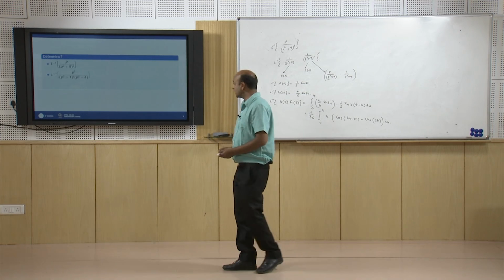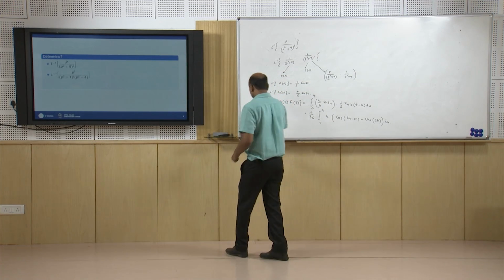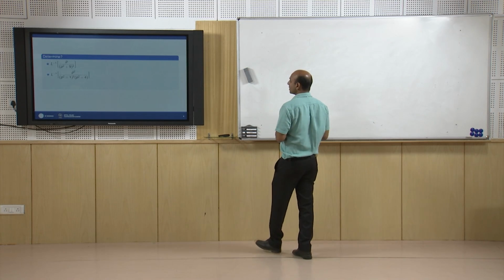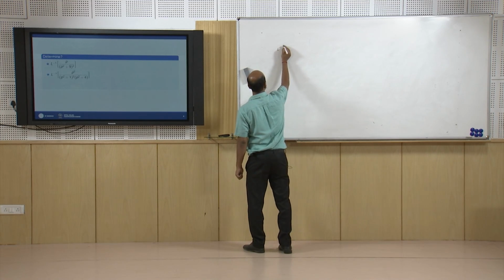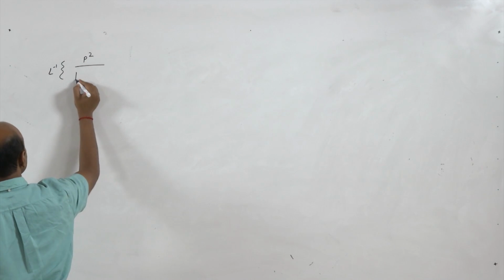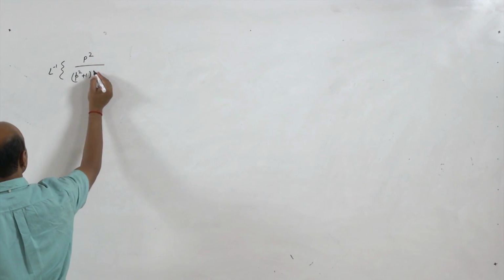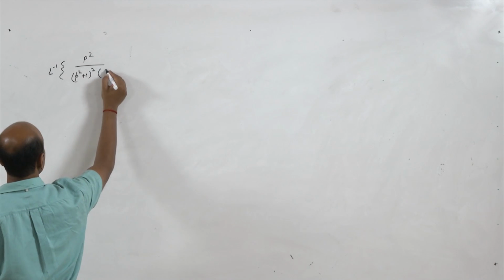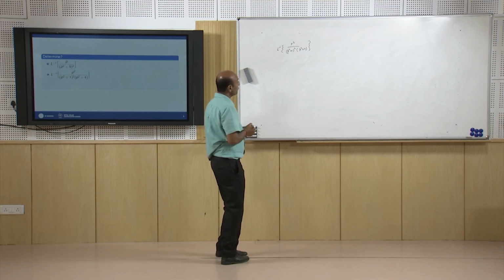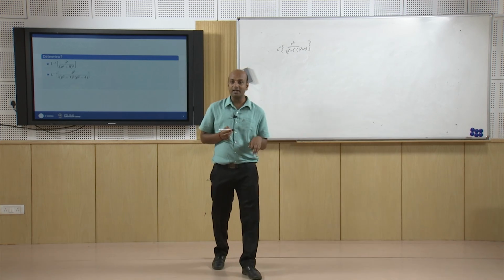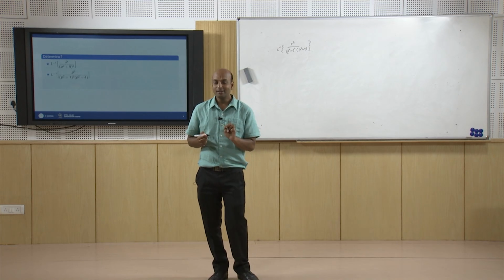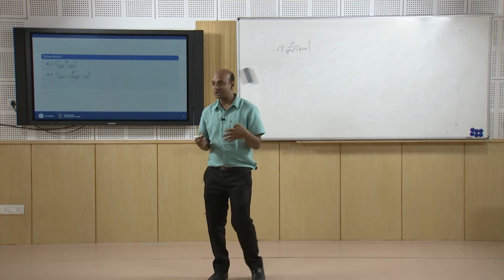Now, the second problem. Laplace inverse of p square upon p square plus 1 whole square into p square plus 4. Again, you have to split into 2 in such a way that Laplace inverse of both the functions you can easily find out. Then only we can apply convolution theorem.